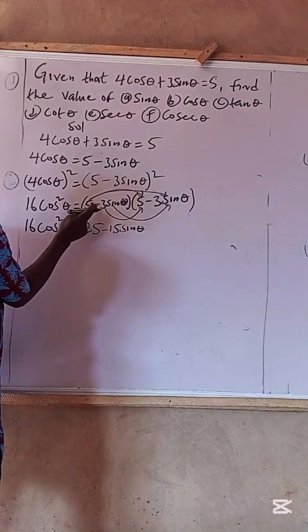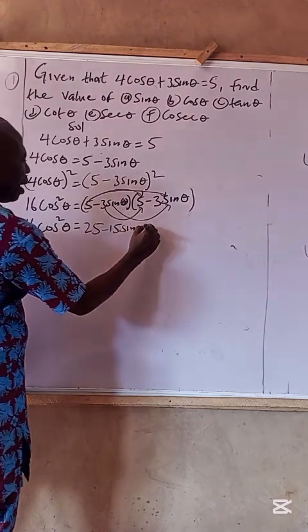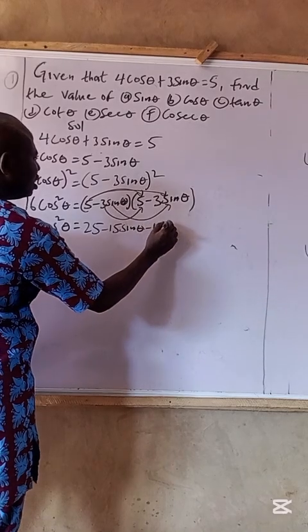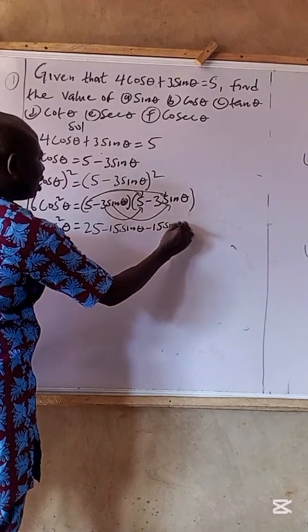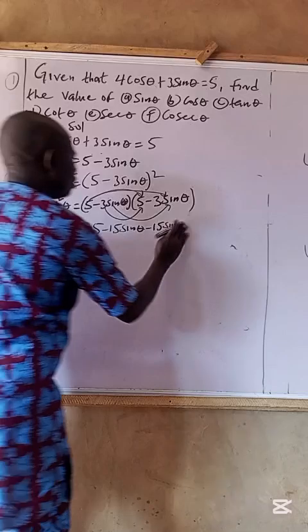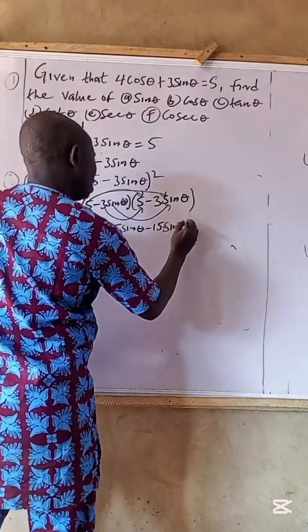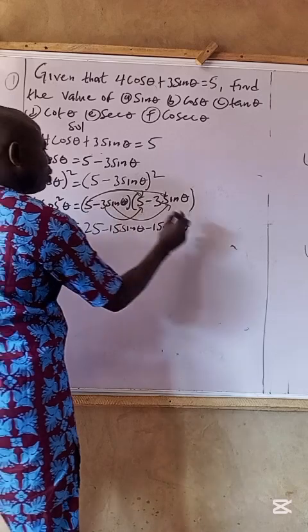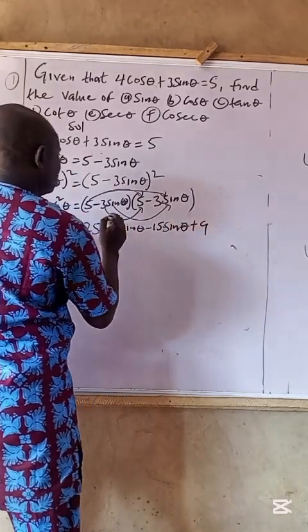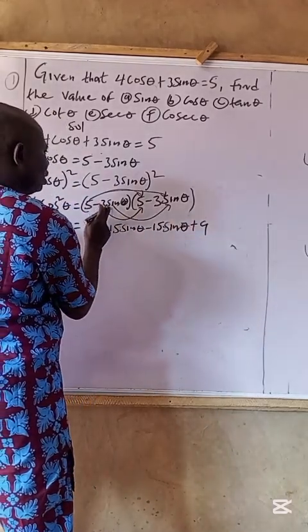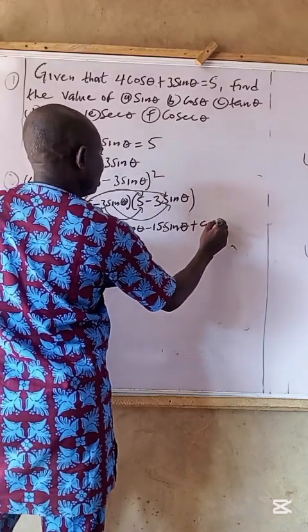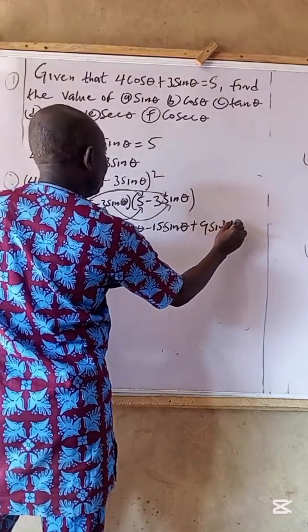Come back with this one: minus 3 times 5 is minus 15 sin theta. Minus times minus is plus, that's 9 sin square theta.